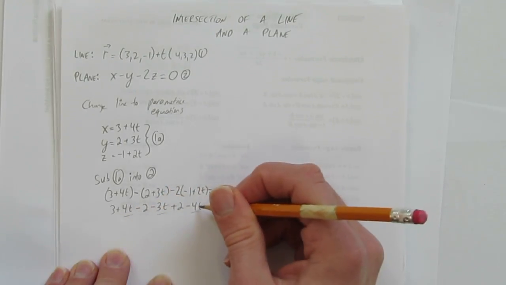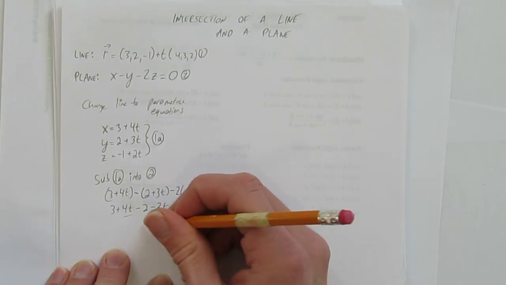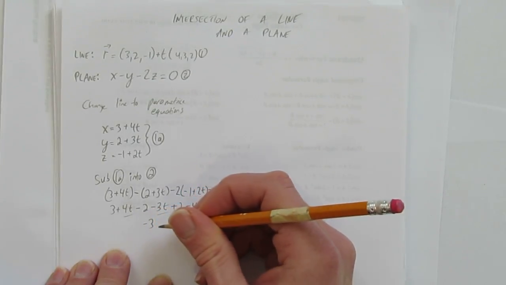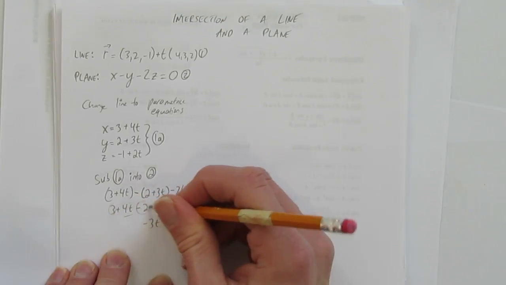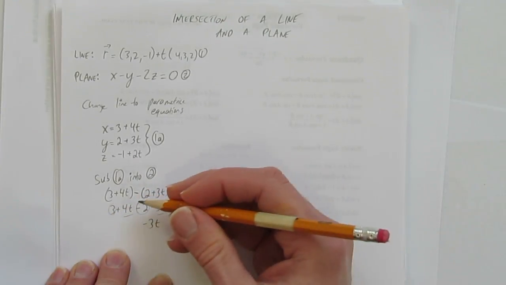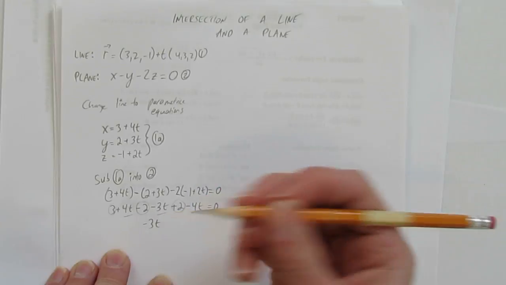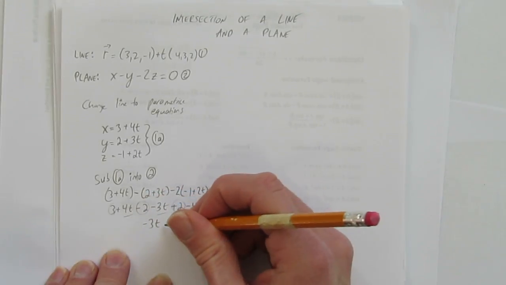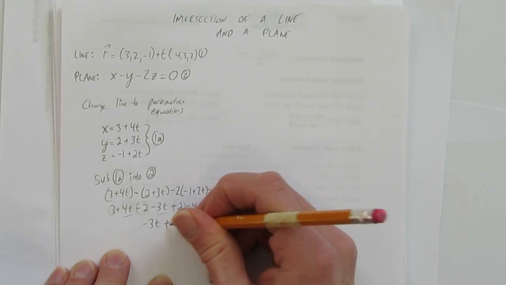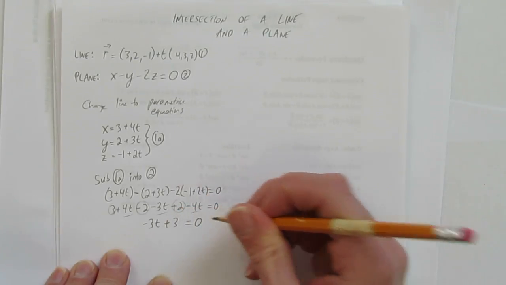It's nice: 4t take away 4t is 0t, take away 3t just leaves negative 3t. And now the like terms of just the constants. 3 take away 2 plus 2, also convenient. The minus 2 plus 2 cancels out and add 3. You get negative 3t plus 3 is equal to 0.